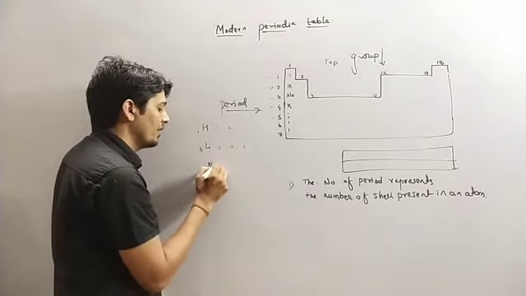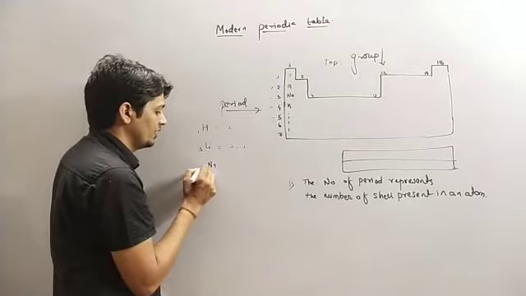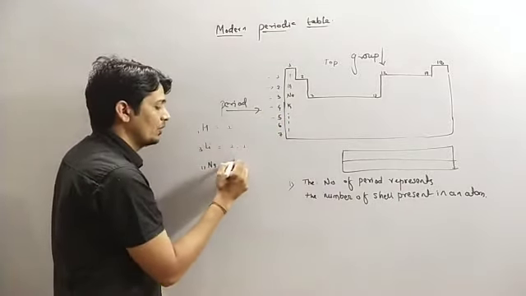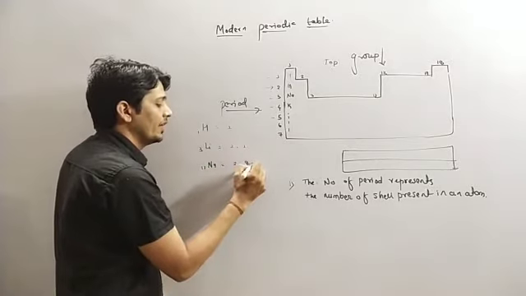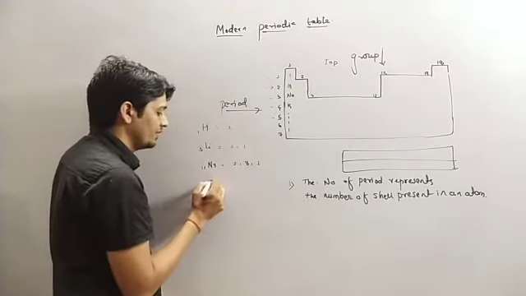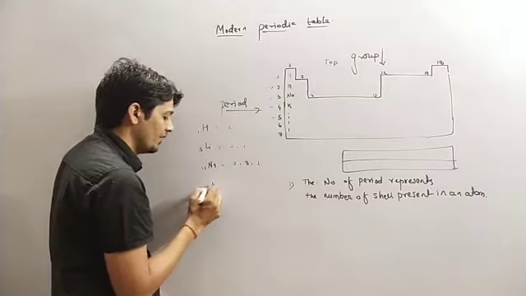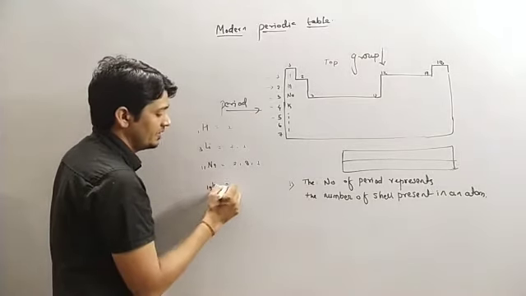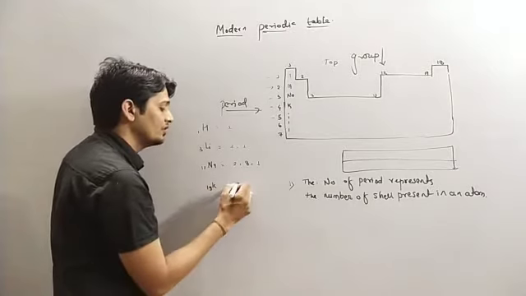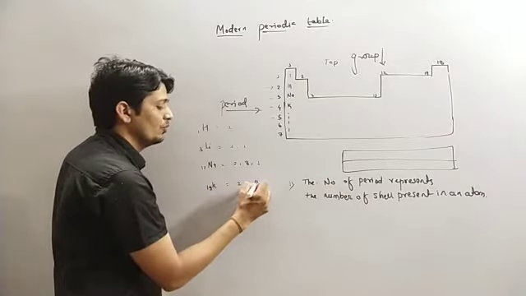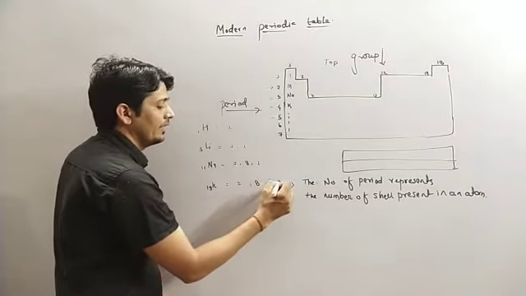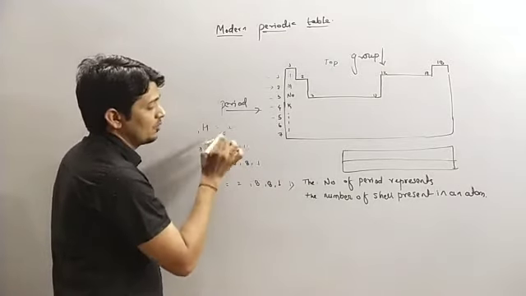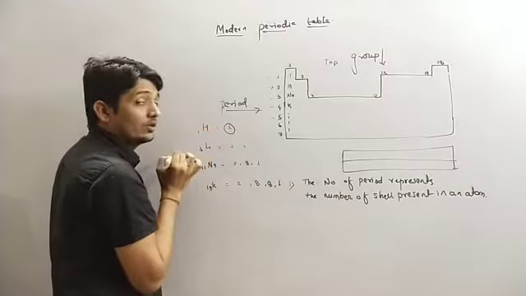Then sodium has atomic number 11, so its electronic configuration is 2, 8 and 1. Then potassium has atomic number 19, that means it has 19 electrons, so its electronic configuration is 2, 8, 8 and 1. So if we look at the outermost shell, it contains 1 electron.